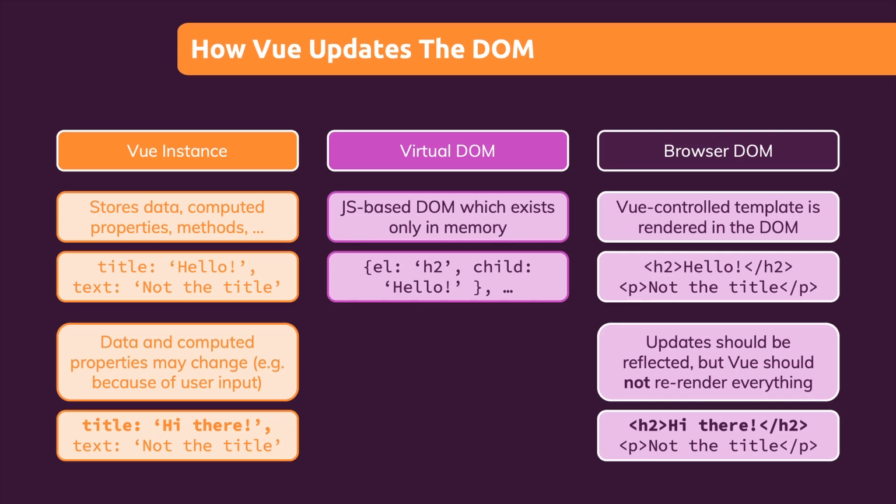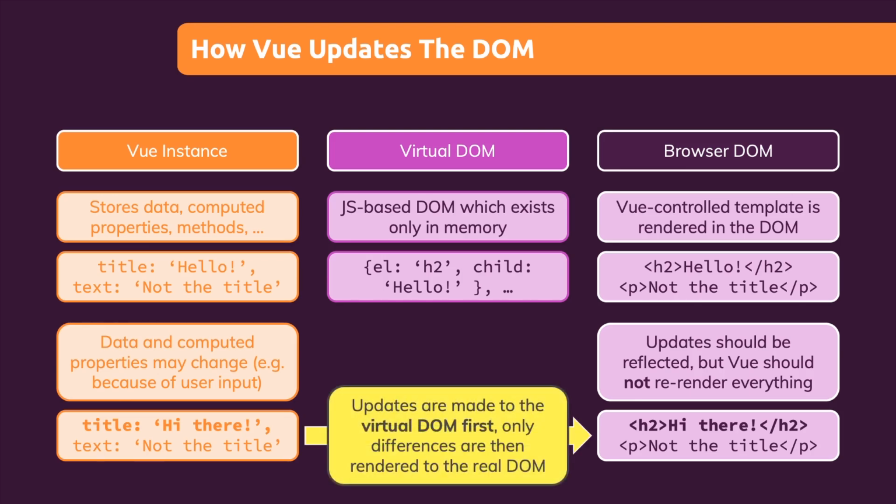And when data changes, it basically just creates a new virtual DOM, you could say, and compares the new virtual DOM to the old virtual DOM, and only differences between those two virtual DOMs are written to the real DOM. And that is way more efficient, because doing such comparisons and updates in a virtual DOM, and therefore entirely in memory, is way more efficient than doing it in the real DOM, which was rendered to the screen.